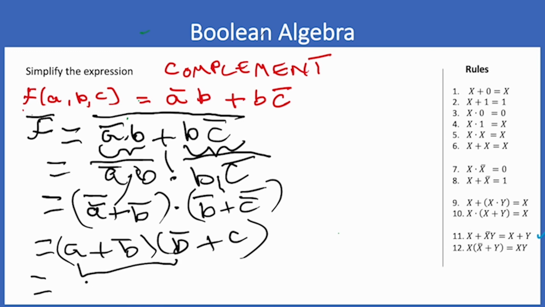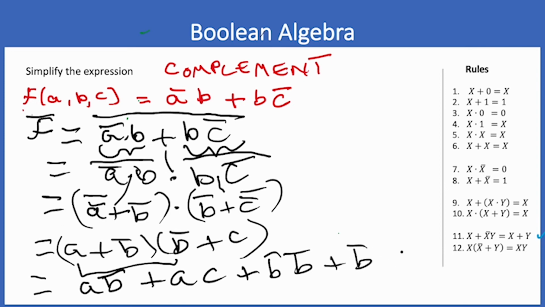Okay, let's multiply this out, and we're going to get all the terms. We're going to get A B bar plus AC plus B bar plus B bar C. Okay, we know B bar times B bar is just equal to B bar.